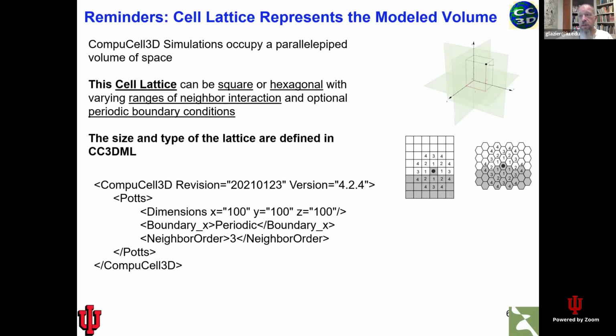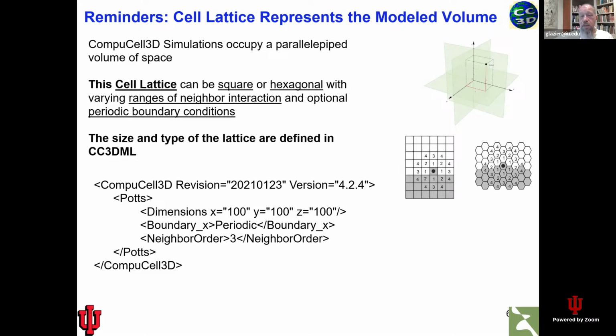And the choice you make of the neighbor order, both in the Potts block and in the contact energy block, will have an effect on the way the system works. And that's a little bit unfamiliar to people because we're not used to living in a world with lattice. We're used to living in a continuous world. And so I recognize that that's something that can be a little bit confusing to begin with.